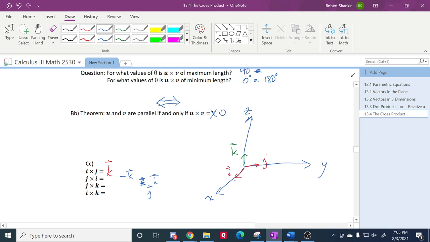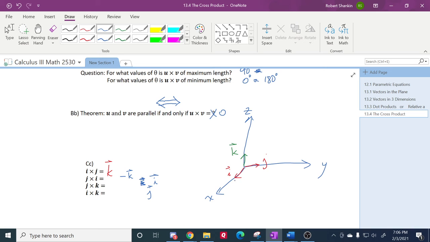And then the bottom one, I cross K. So I have to put the bottom of my hand, the little finger, on I. But if I have my thumb up, now I'd have to rotate it so that the thumb is pointing in the negative direction of the y-axis.